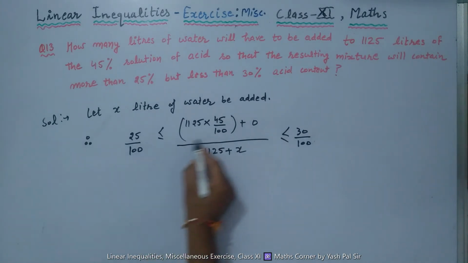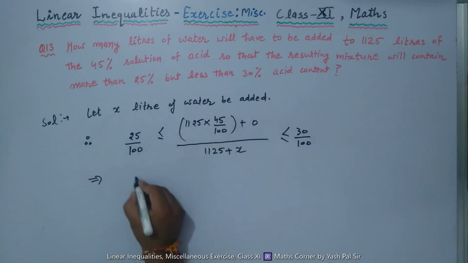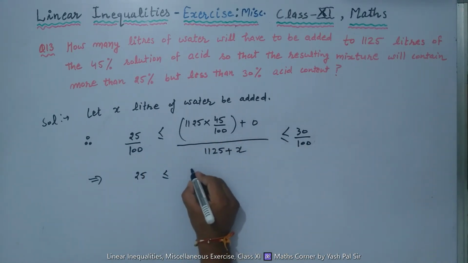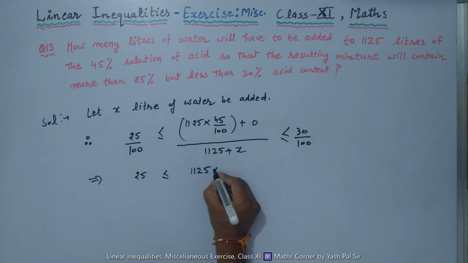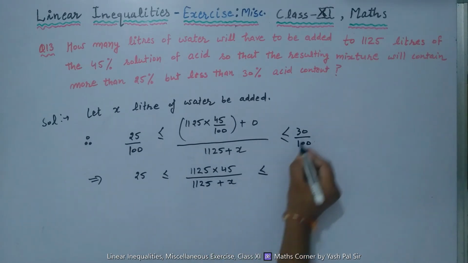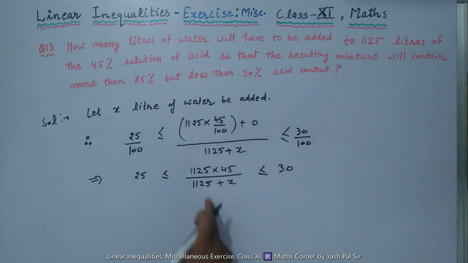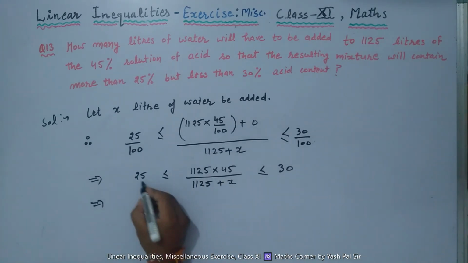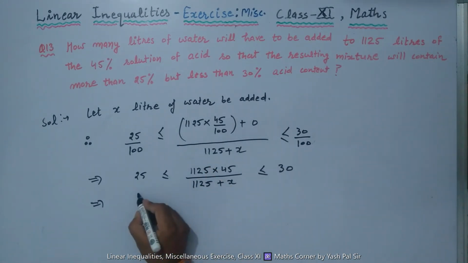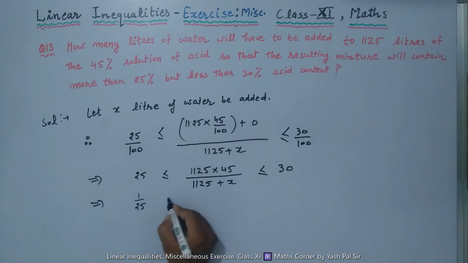First of all, we can solve it this way. The 100s will get cancelled. We are left with 1125 into 45 divided by 1125 plus x, less than or equal to 30. Now taking the reciprocal throughout, this becomes 1 upon 25.